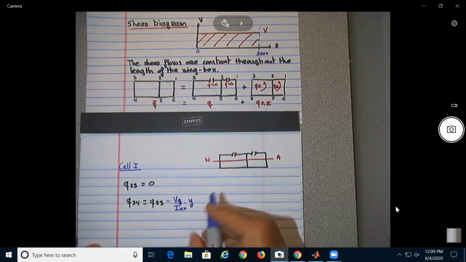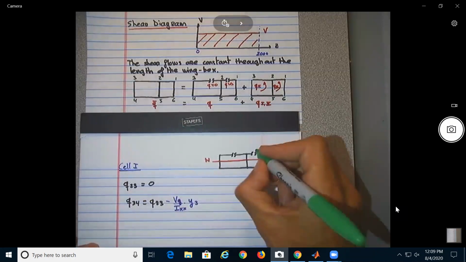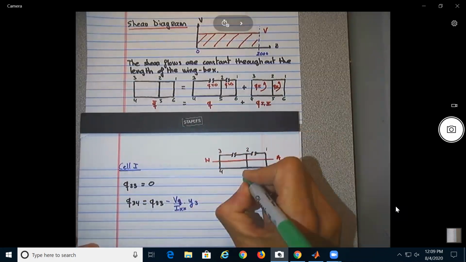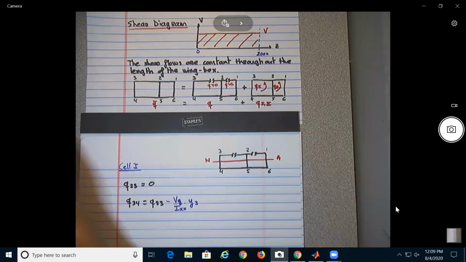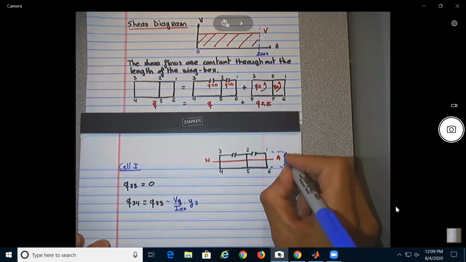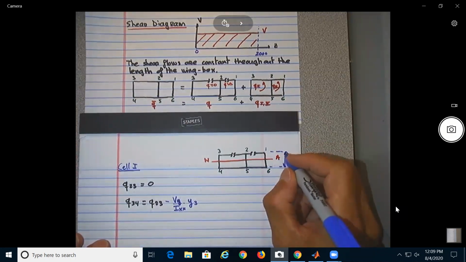Should be Y of 3, no? The first one. So we know this is 1, 2, 3, 4, 5, 6. And we know this is 250.